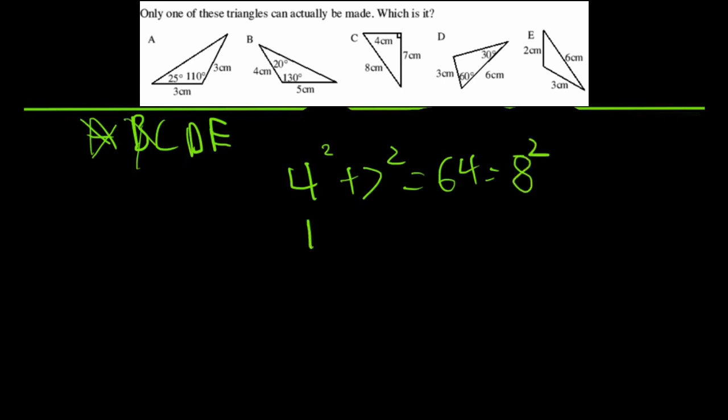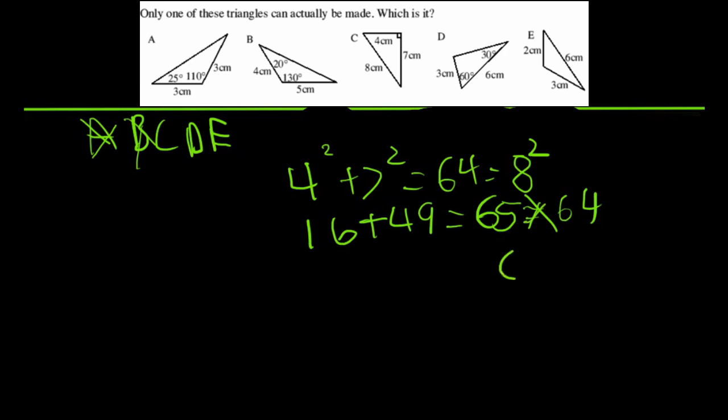However, we can clearly see that 4 squared plus 7 squared is equal to 16 plus 49, which is equal to 65. And this is not equal to 64, and so C cannot be made.